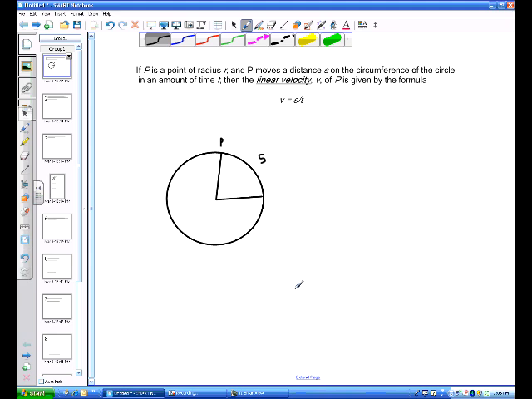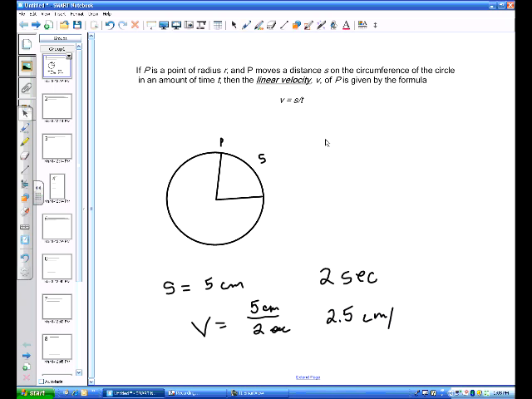So if our distance was 5 centimeters, and it took us 2 seconds to go from our beginning point to point P, then the velocity of that point would be moving at a rate of 5 centimeters in 2 seconds, or 2.5, if we wanted to put it as a decimal, 2.5 centimeters per second.